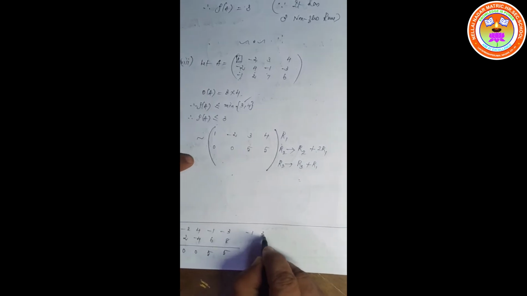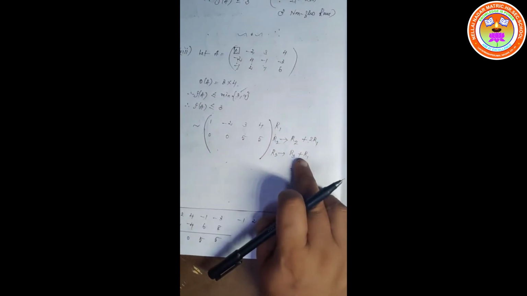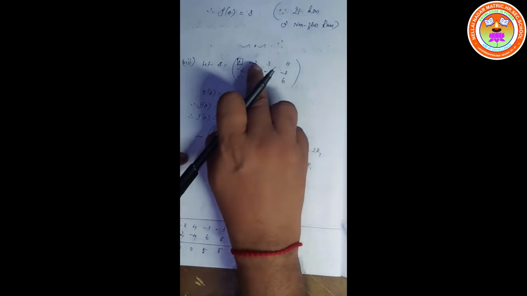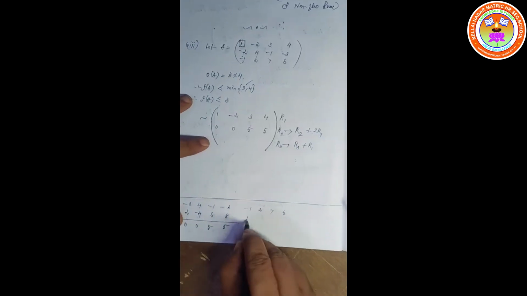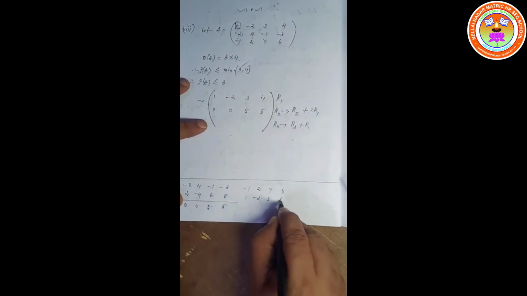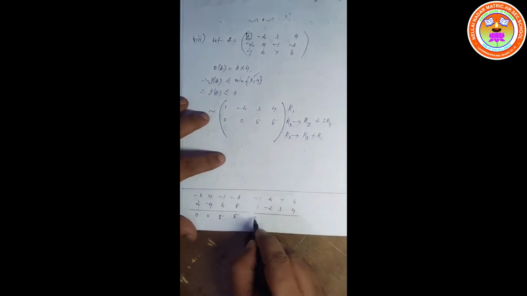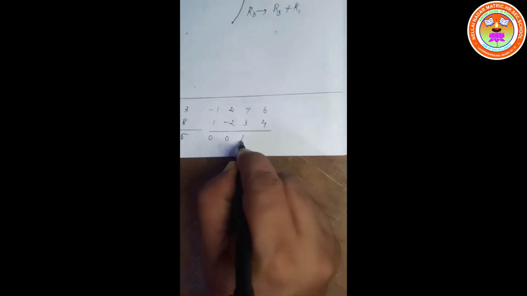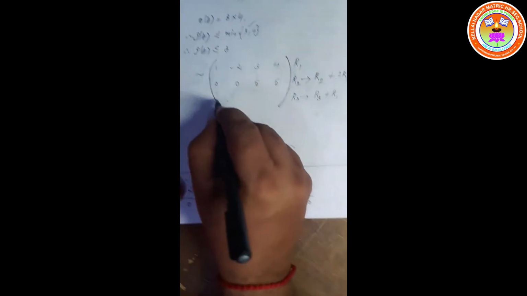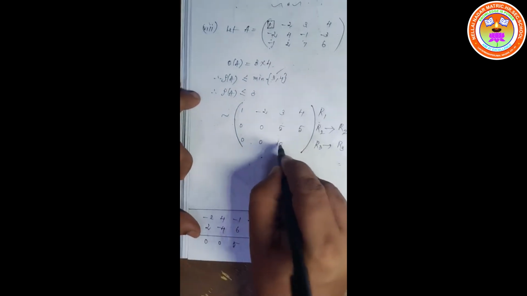R3 is minus 1, 2, 7, 6 plus R1 as it is: 1, minus 2, 3, 4. Minus 1 plus 1 is 0, 2 minus 2 is 0, 7 plus 3 is 10, 6 plus 4 is also 10. So 0, 0, 10, 10.